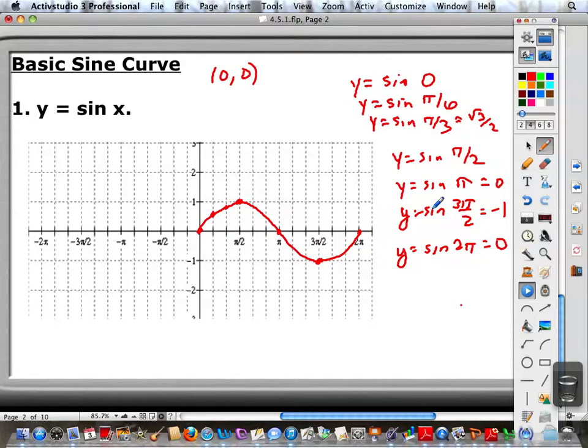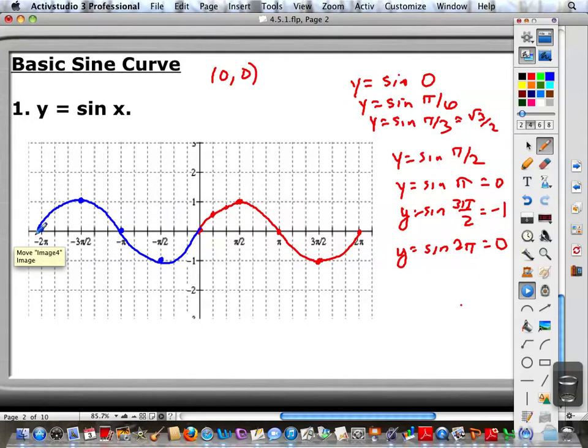So we're looking at just the basic sine curve, and if we were to go back the other direction and look at the negative values, the sine of negative pi over 2 is on the negative y-axis, so that's going to be down at -1. Negative pi comes back to the x-axis. -3 pi over 2 is actually the positive y, and then -2 pi. So if we go backwards through the negative angles, we see we've got that same shape.